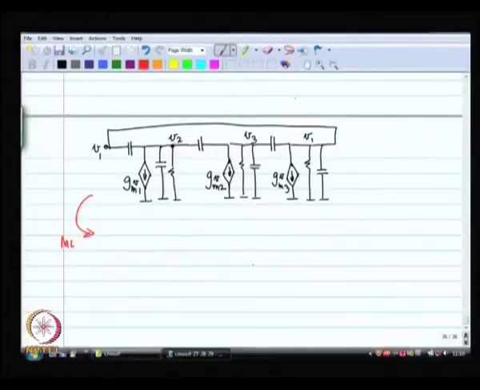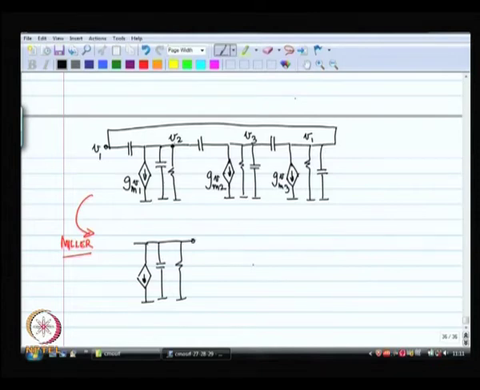So, you can simplify this using Miller. You can simplify this by just having one resistor and one capacitor at each node.